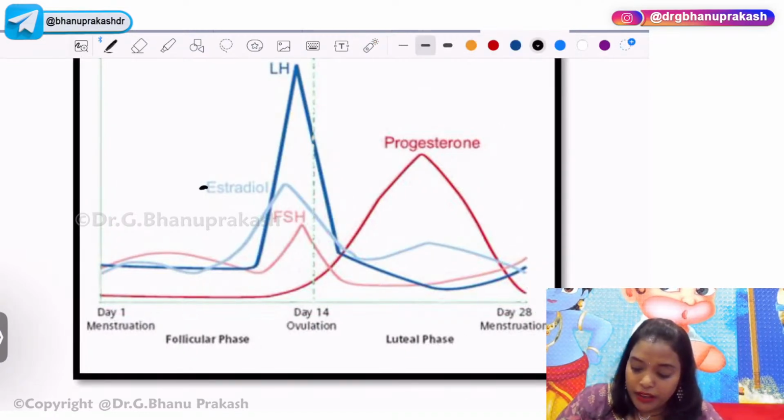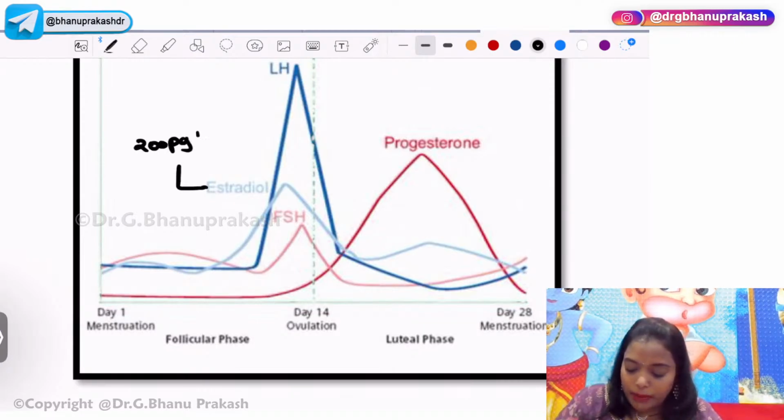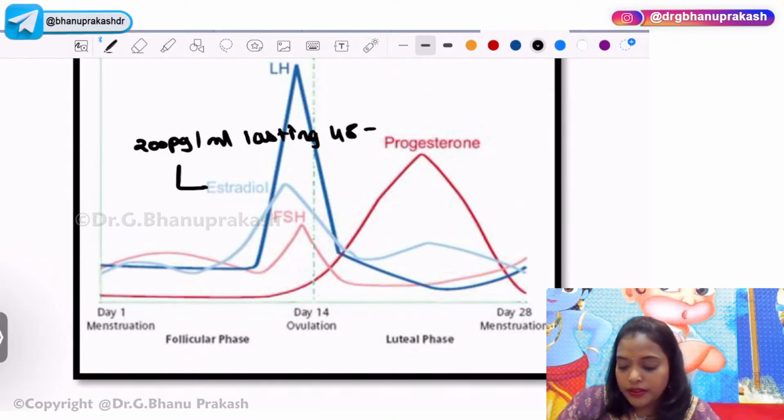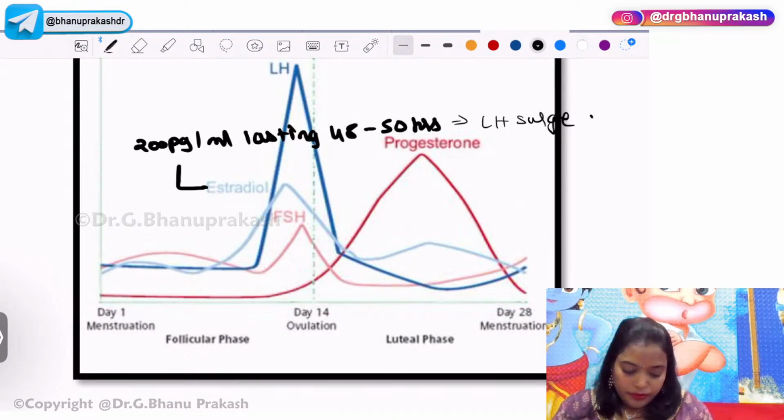Estrogen should be 200 picogram per ml, lasting for 48 to 50 hours, in order to cause the LH surge. So estrogen will have 2 peaks, one just before the ovulation, another on day 22.